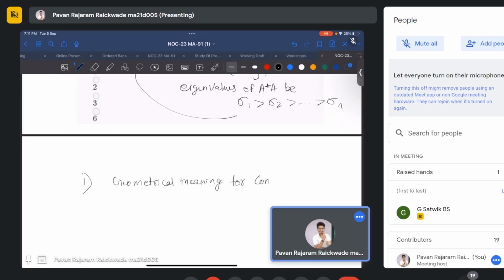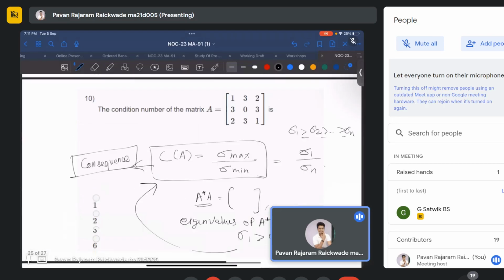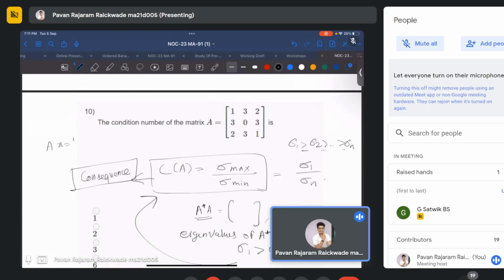The condition number. So this relates to ill-posed problems, right? If you want to solve Ax equals b, and the matrix is not invertible, then even small changes in x will lead to different outputs.